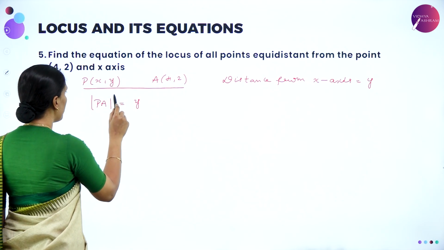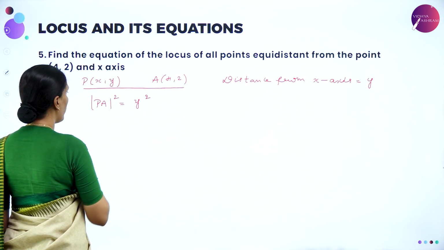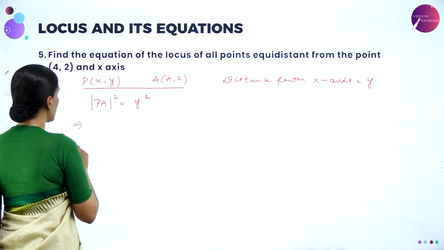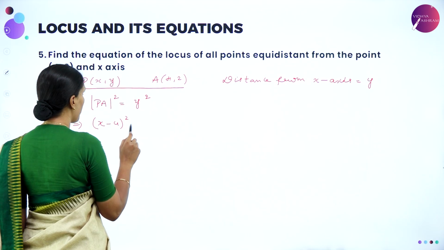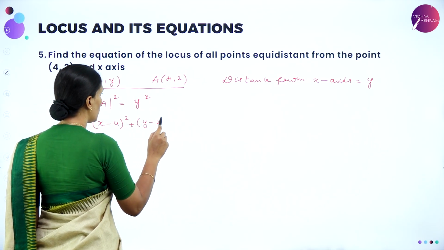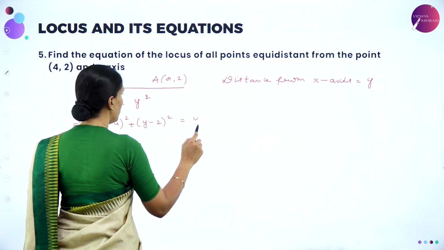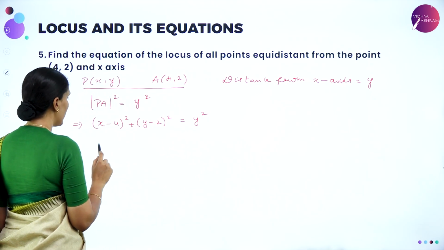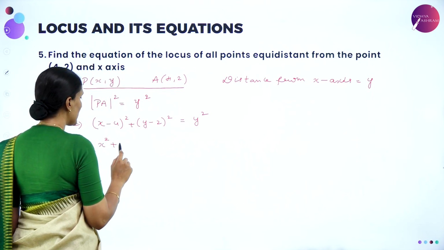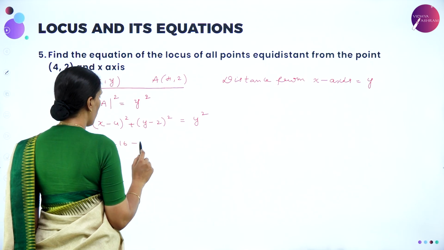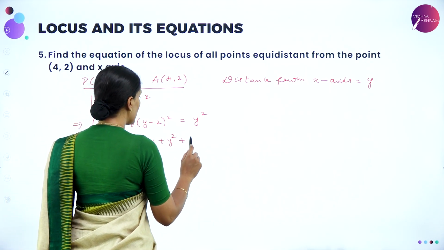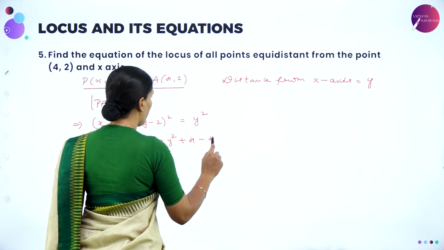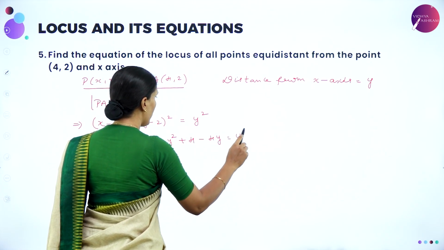So we will get PA square is equal to y square. Now apply the distance formula here. We have x minus 4 whole square plus y minus 2 whole square is equal to y square. Now expand this: x square plus 16 minus 8x plus y square plus 4 minus 4y is equal to y square.